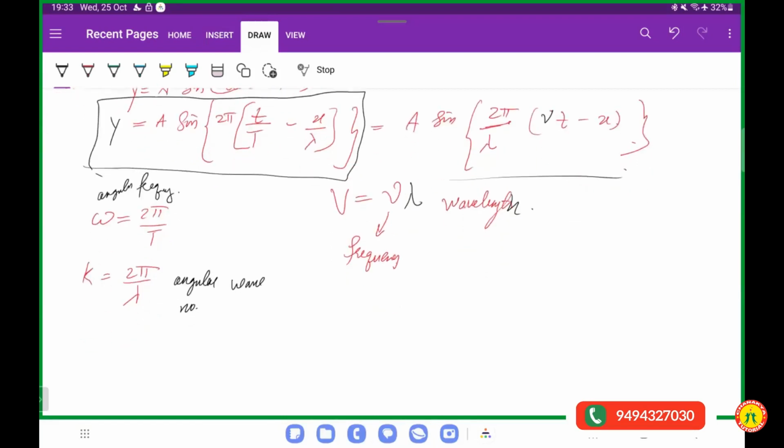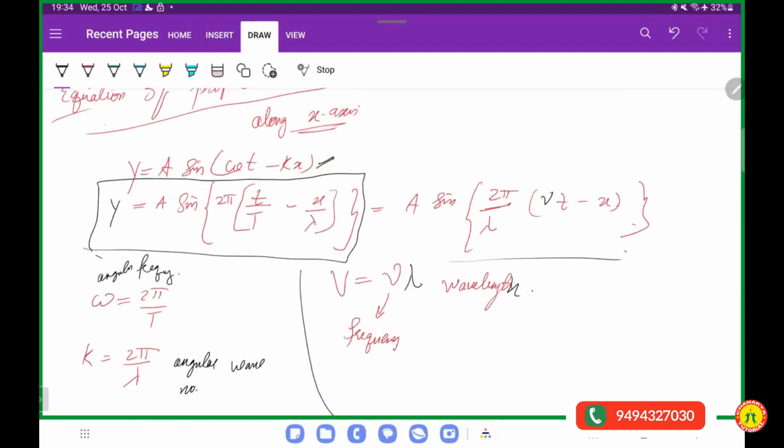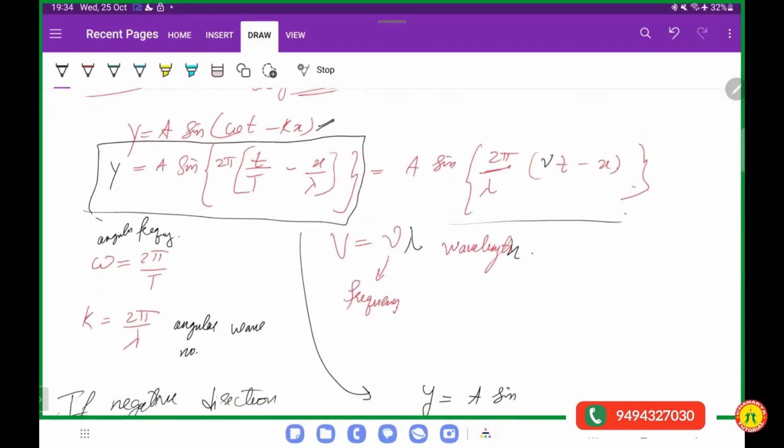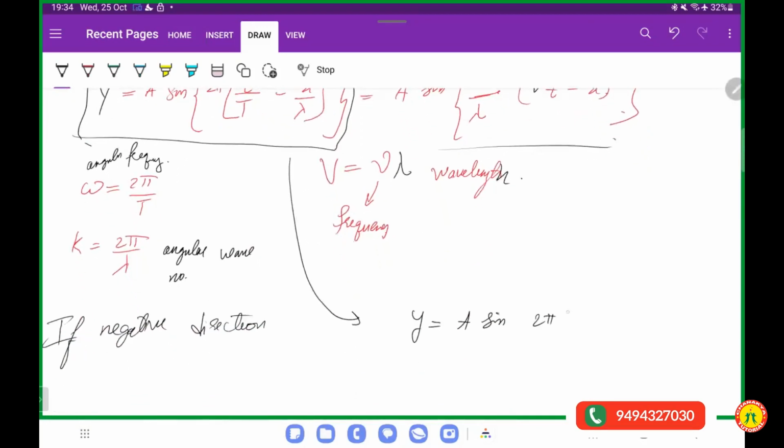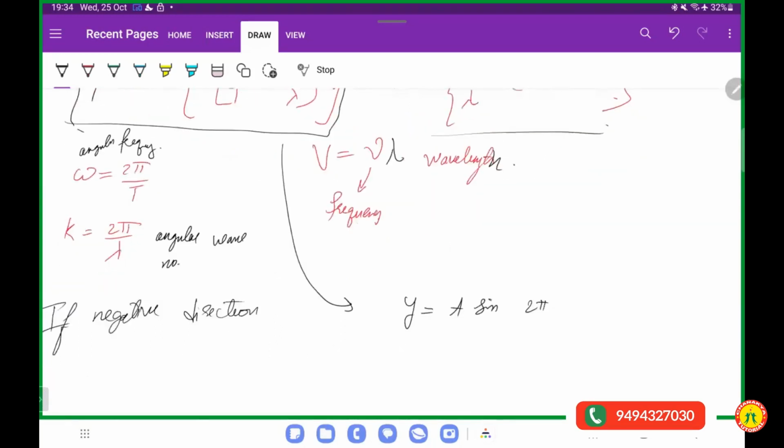Now, suppose this wave is traveling in the negative direction. If negative direction, then this equation will become y equals a sine(2 pi t by T minus x by lambda).